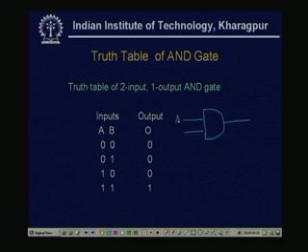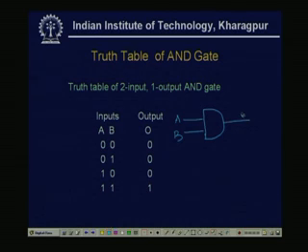Just now what we have drawn is another logic gate with 2 inputs and 1 output. Say one input is A, another input is B, and this is my output, say Z, or say I am taking it as O. Now, we can see that if AB, the first value, both the inputs are 0 0.